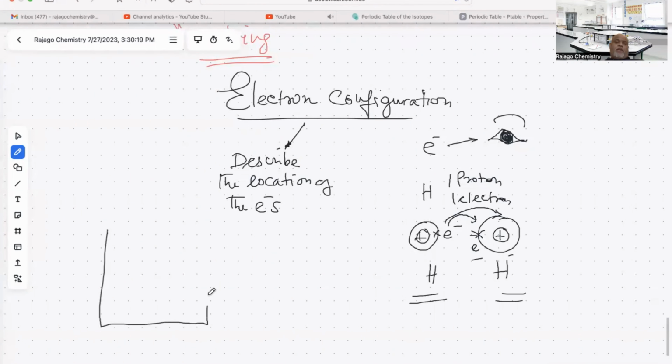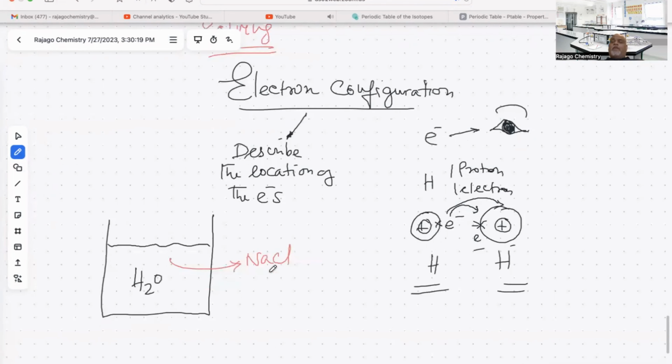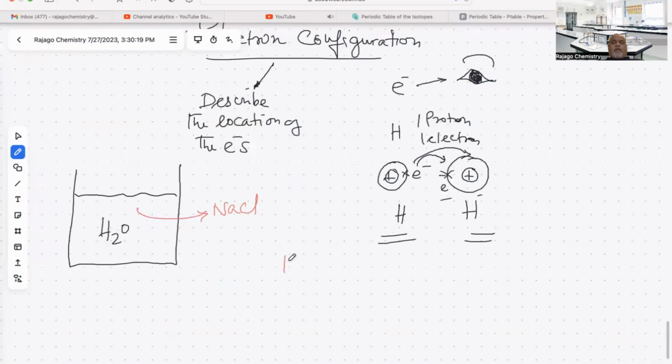So if you take a small bowl of water, and then you add a pinch of salt, sodium chloride, then each and every sodium ion and each and every chloride ion, the water can sense them and they can surround them very clearly.